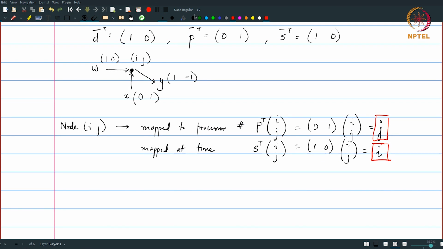Before we can construct the hardware architecture, there is one more thing we need to know, which is what each of these edges, the W, X, and Y edges, map to. We can just create a small table for that, which basically says this is the edge number. For the weights, the edge was 1, 0.